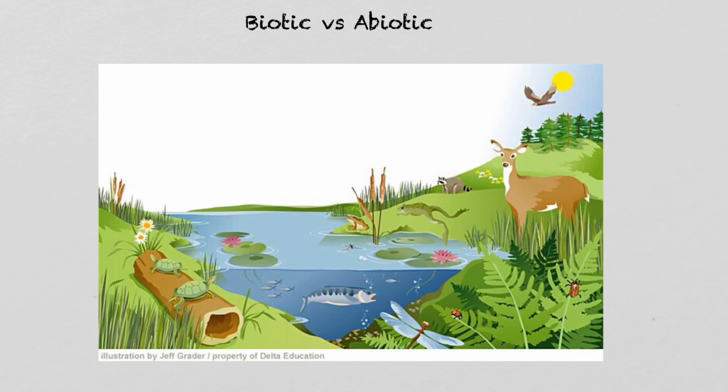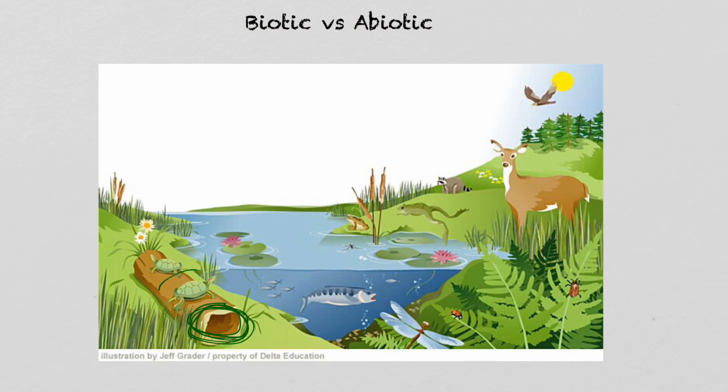The only thing that gets tricky is that anything that was once living is still considered biotic. So let's say that you have this dead log right here. That is still considered a biotic factor because it was once living.